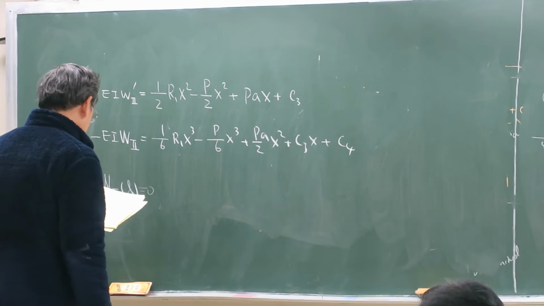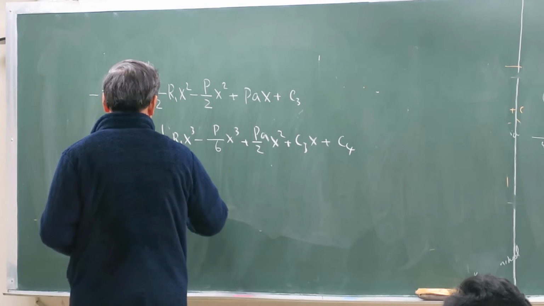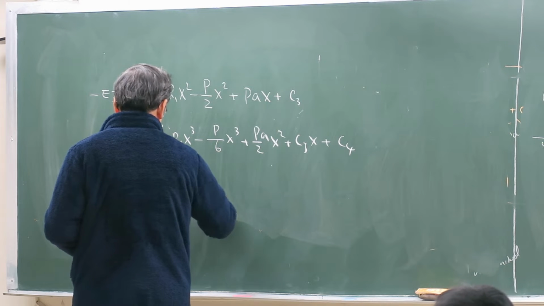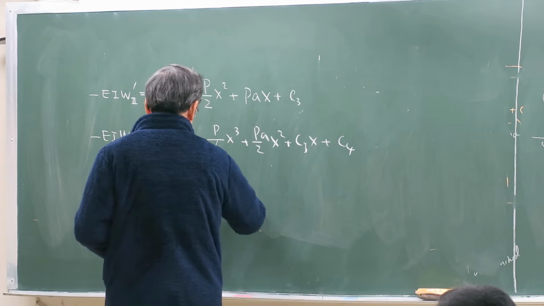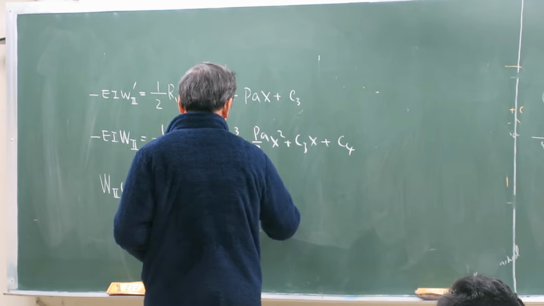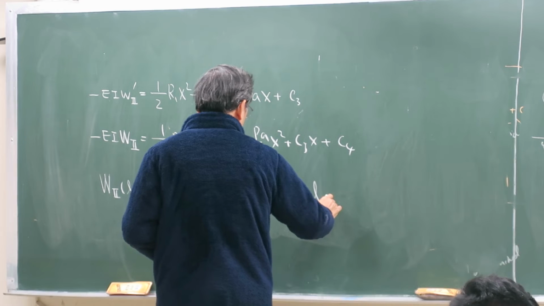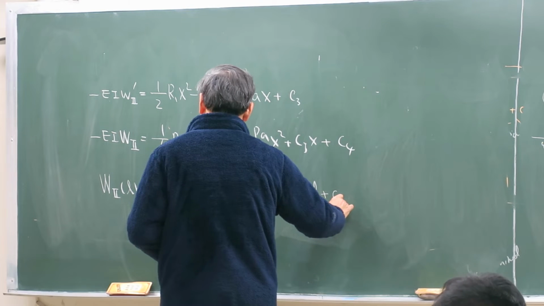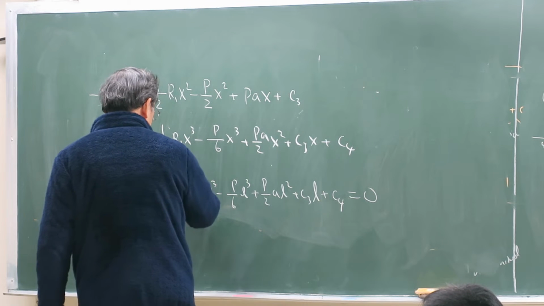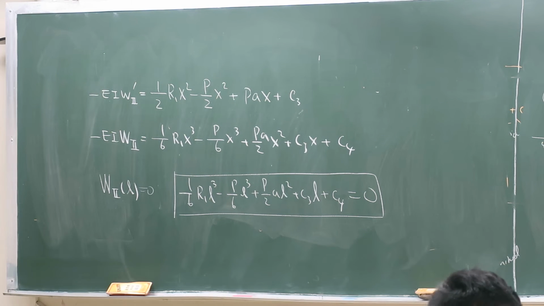So from here, I have one sixth R1L cubed minus one sixth PL cubed plus half PaL squared plus C3L plus C4 equal to 0. So here I have equation 2.